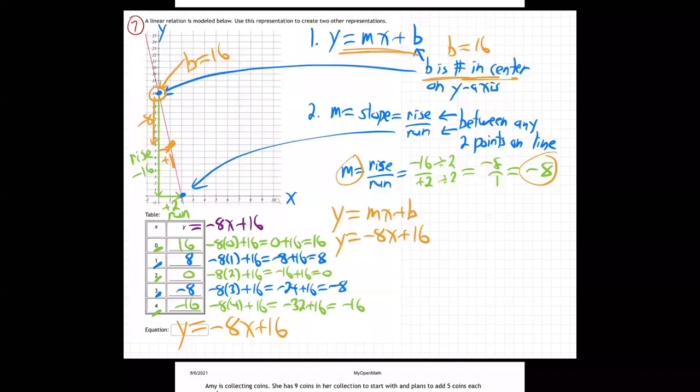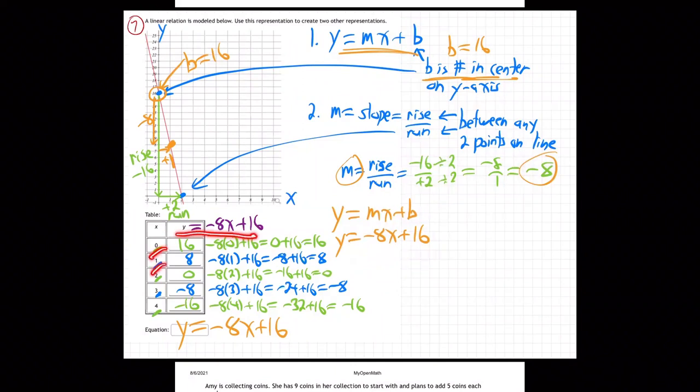And then the m, number in the front, is the slope, which means between any 2 points on the line, rise over run. And going down is negative, right? Going up is positive, down is negative. So down 8 over 1, so negative 8 over 1, or negative 16 over 2, which reduces to negative 8 over 1.